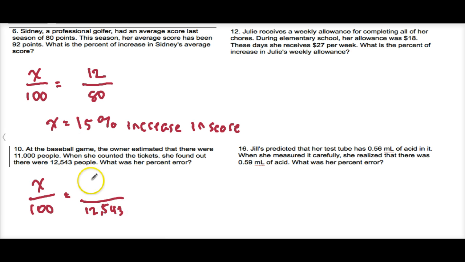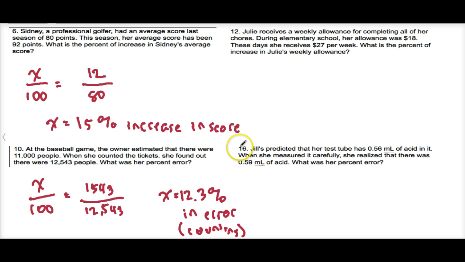And then the difference that she messed up on is going to be 1,543, and when we cross multiply, x is going to be 12.3% in error. So that will be in the counting.